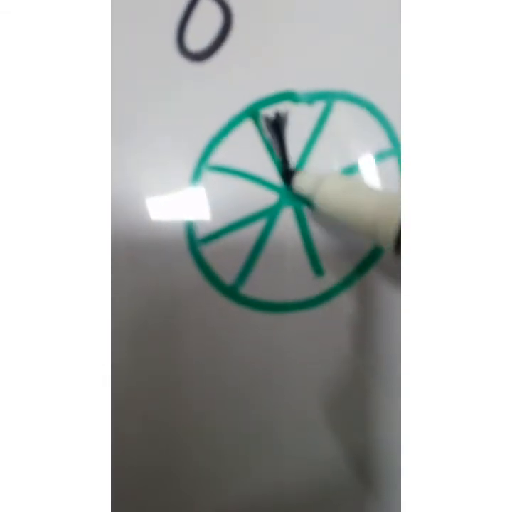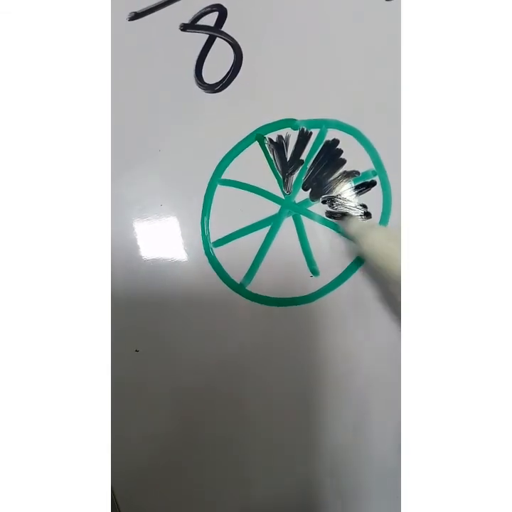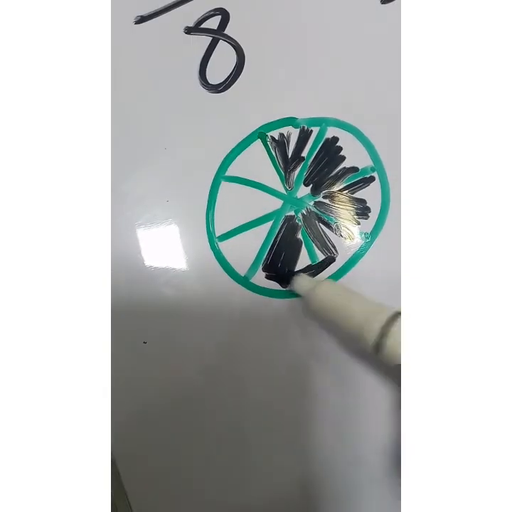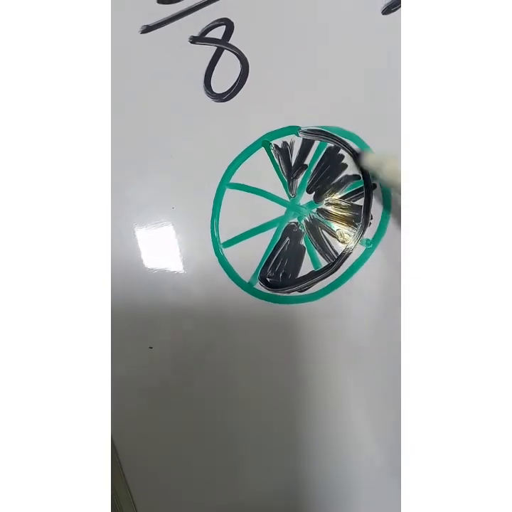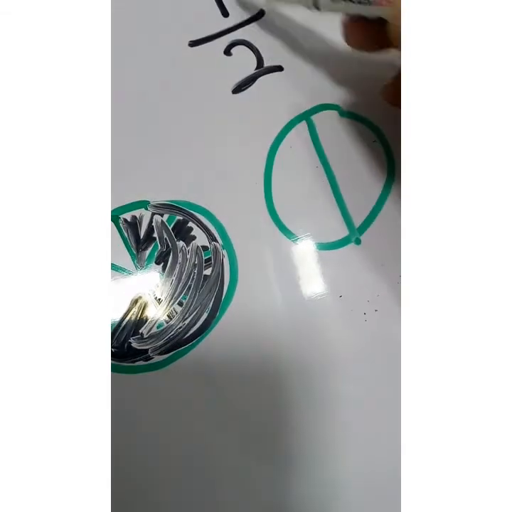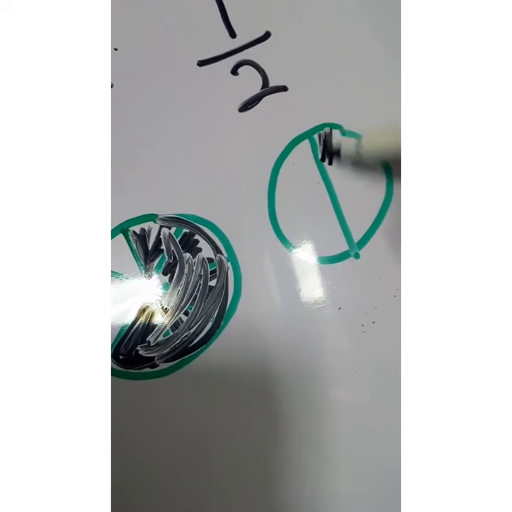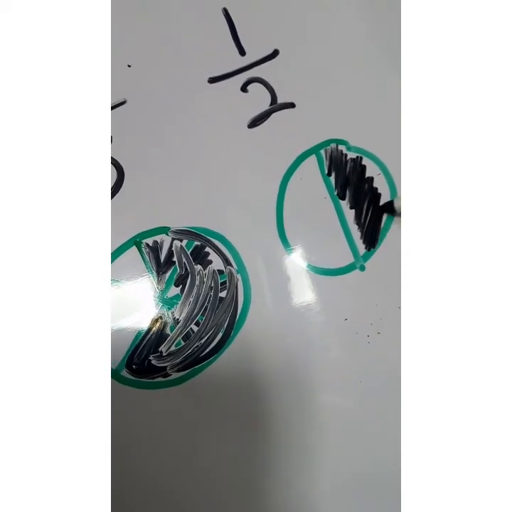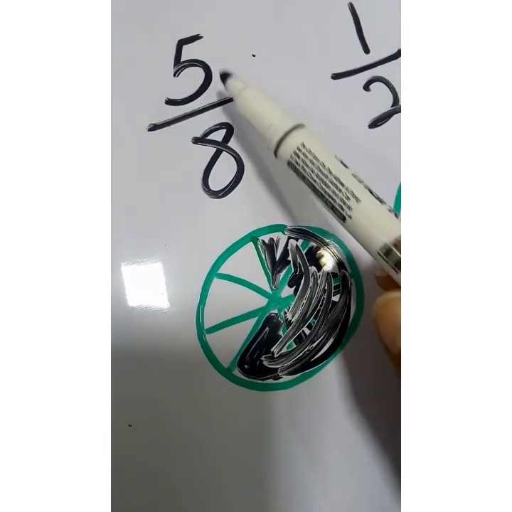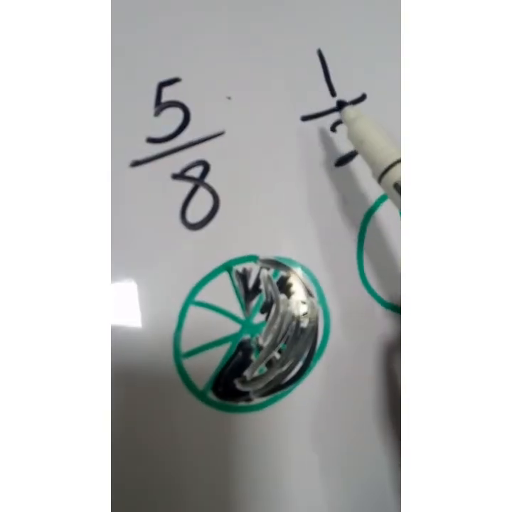So 1 2 3 4 and 5. All this is shaded, and here one of the 2 parts is shaded. When we look at the 2 shapes, we can see that 5/8 is greater than the half.